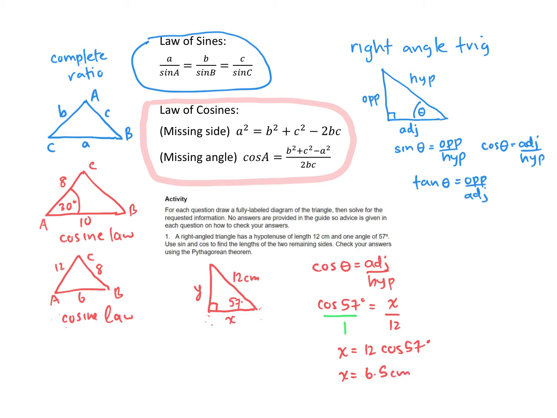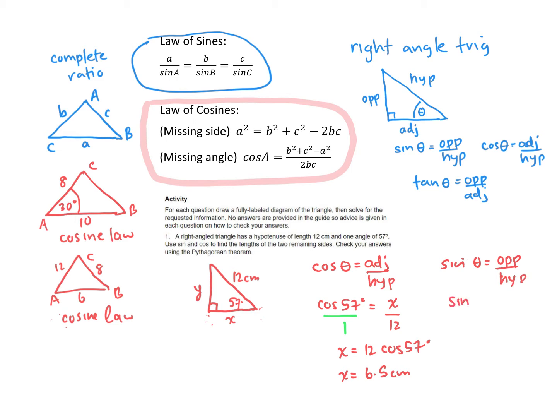If I wanted to find the value of Y, Y is opposite the 57 degrees, so I will use sine, not cosine. Opposite over hypotenuse.